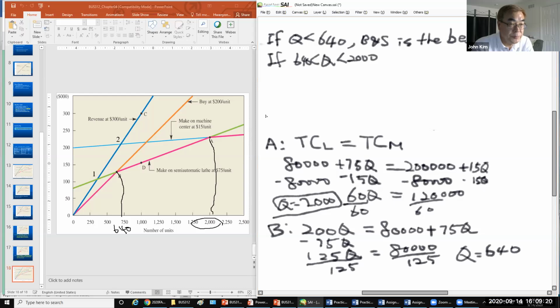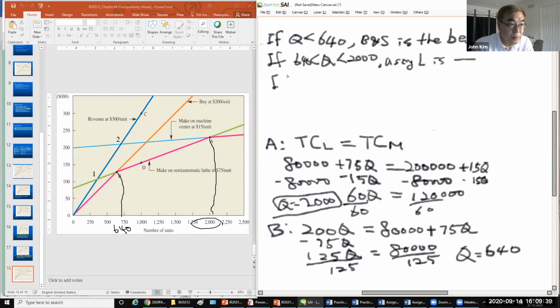And then if Q is between 640 and 2,000, this boundary. Then among three, this one, this one, this one. This one, second option is the best one. So using lathe is the best.